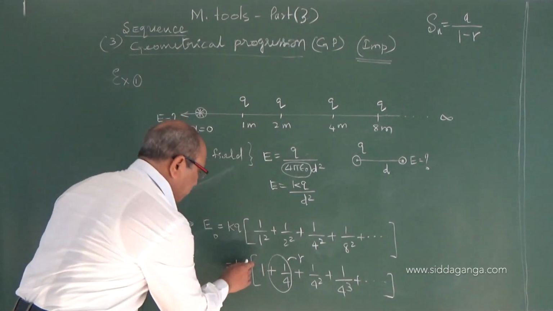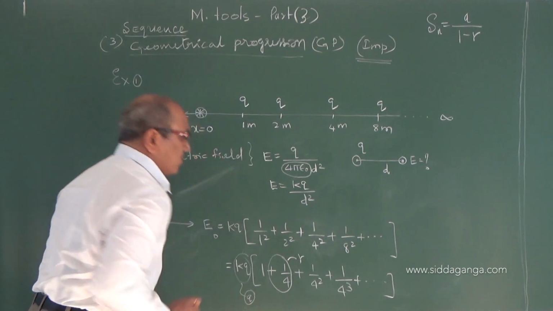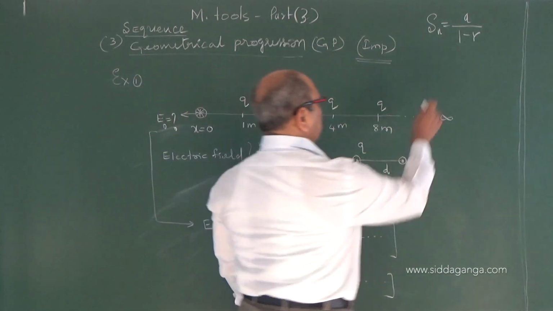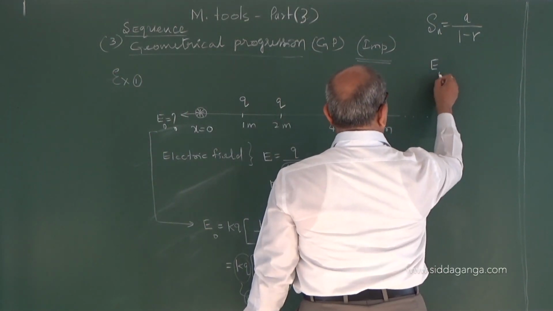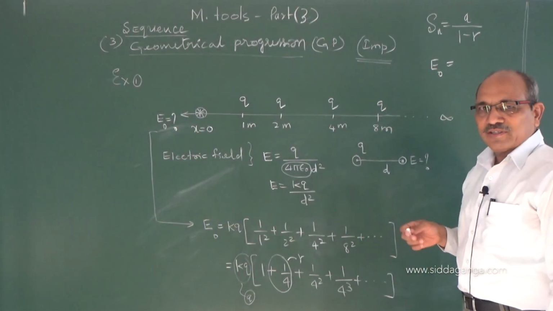Here kq is the first term. If I write it here, it is the term value A. Then what is the electric field at the point O? The solution is over.